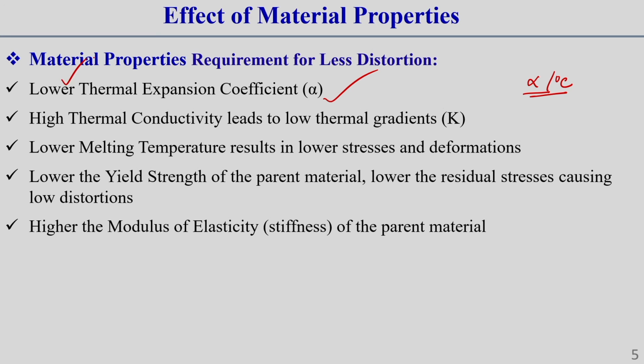That is why a lower thermal expansion coefficient of the material is preferable, because the lower the coefficient, the lower the distortion. Then another property is high thermal conductivity. High thermal conductivity also has the effect of decreasing the thermal gradient. Once the thermal gradient is reduced, there is a chance of reduction of distortion. If the thermal conductivity is high, heat can dissipate and conduct very easily, so it will not remain in a particular place for a long time.